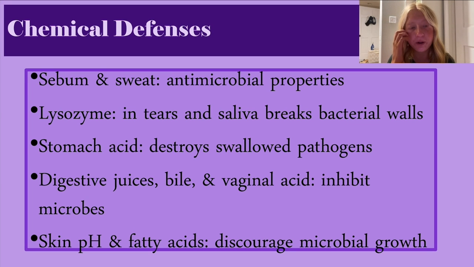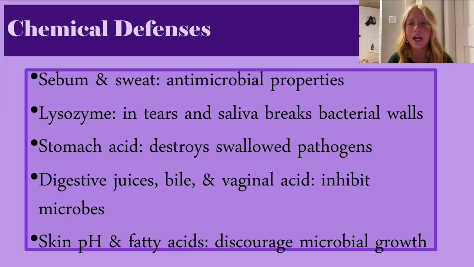So we have chemical defenses that we talked about, the physical barriers of the body. Now we can talk about the chemical defenses. There's sebum and sweat that keep our skin lubricated. They also contain antimicrobial substances that will kill or inhibit microbes. And this includes enzymes like lysozymes, which directly attack bacterial cell walls and protect tissues like in the eyes or mouth.